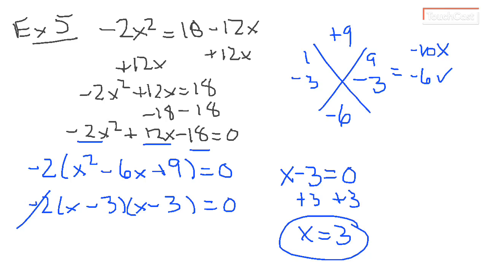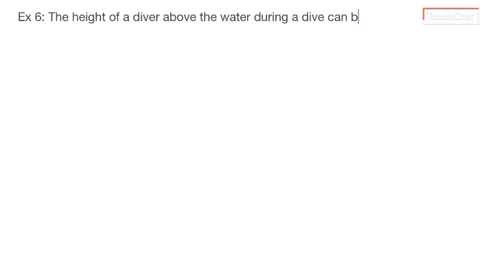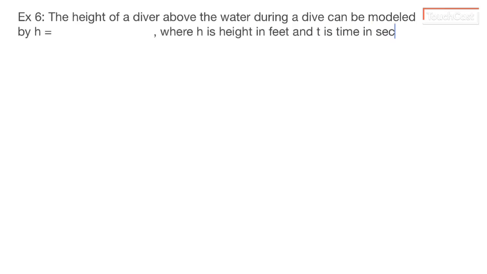Now I've got one last example. It's a word problem. So example 6, we're going to say the height of a diver above the water during a dive can be modeled by the equation h is equal to negative 16t squared plus 8t plus 48, where h is the height in feet and t is time in seconds.